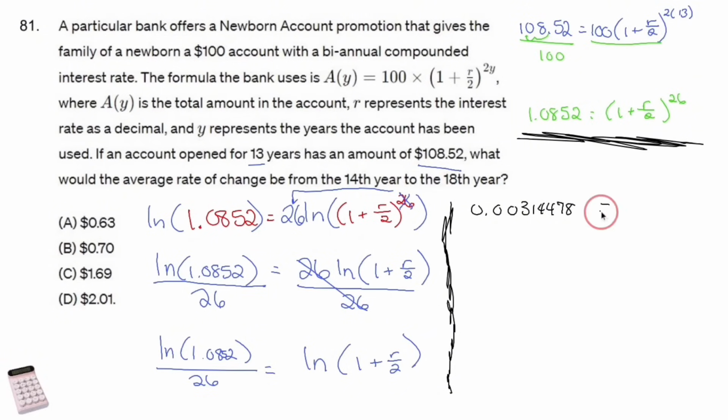No. That's going to equal ln of 1 plus r over 2. Now I need to unlock that r. So what I'm going to do is I'm going to e both sides. So you're going to be e to that gross number equals that. That allows the two to cancel each other out. So I have e to the 0.00314478 equals 1 plus r over 2. Subtract 1 from both sides.